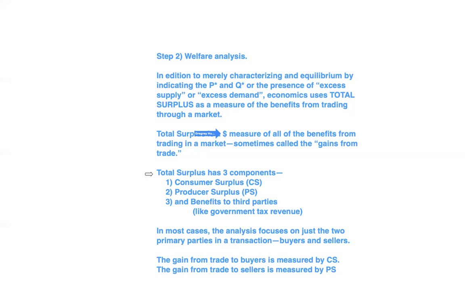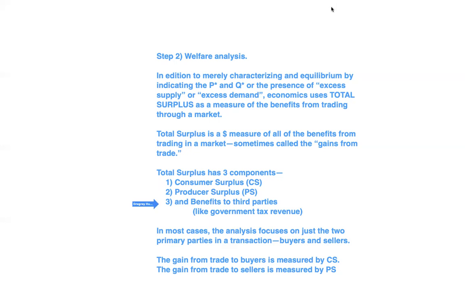So our measure of the gains from trade, which is the benefits from trading in the market, comes in three components: consumer surplus, producer surplus, and the benefits to third parties.